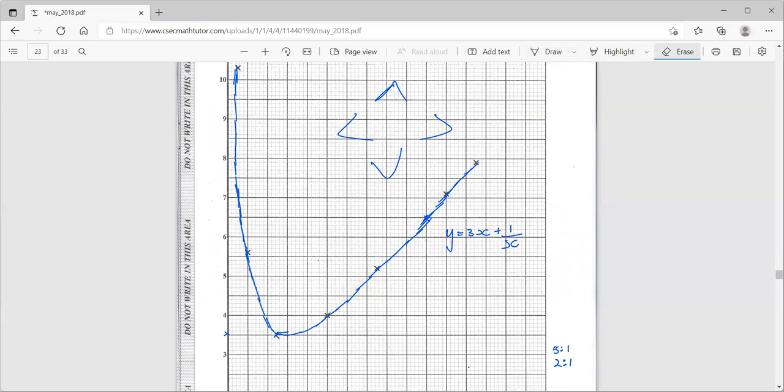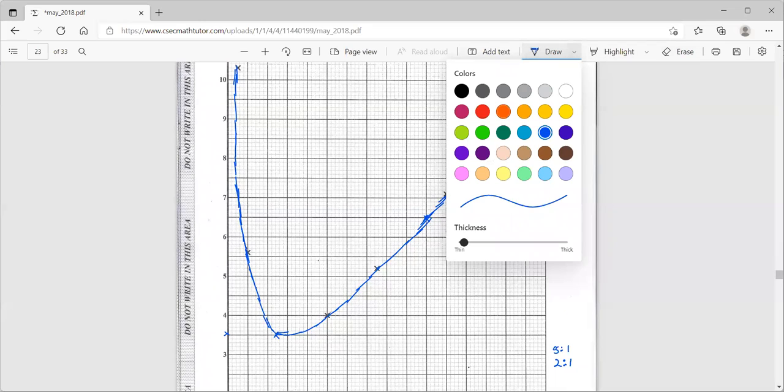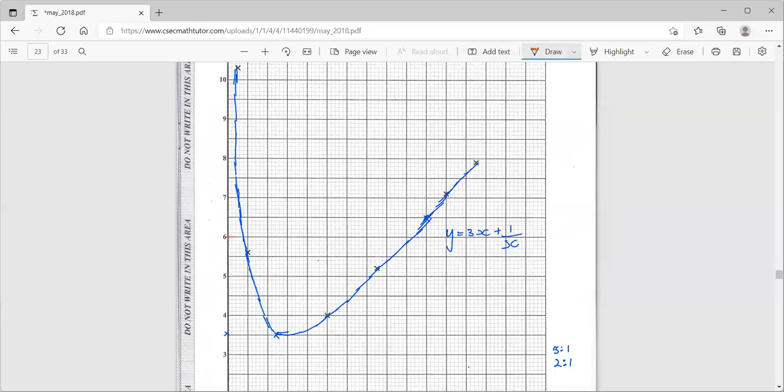So we go to the point. What point do we go to? 6, and we draw a line going across with a ruler, all the way across.